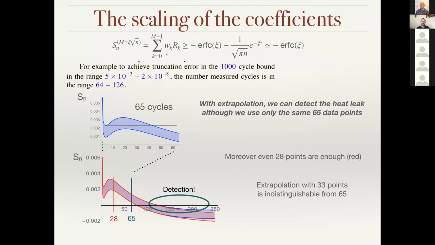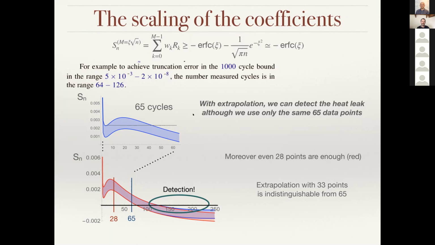And we have this estimation for how big the error is, and it goes like the complementary error function. Just to give an example, if we want to evaluate the inequality for 1,000 cycles, and we want the error to be anywhere between 10 to the minus 3 and 10 to the minus 8, then we just need to take between 64 and 126 data points. So this corresponds to this, and this corresponds to this.